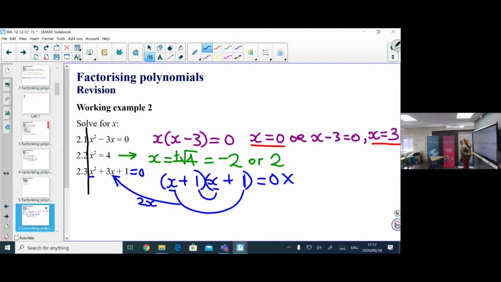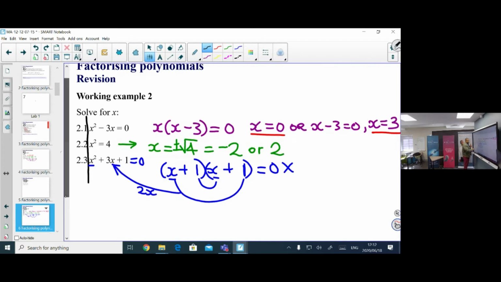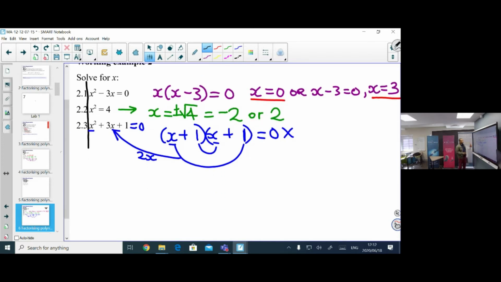So the other method that we mentioned is that you can actually use your quadratic formula, where you simply say x equals to minus. So we put our b. You remember the quadratic formula.